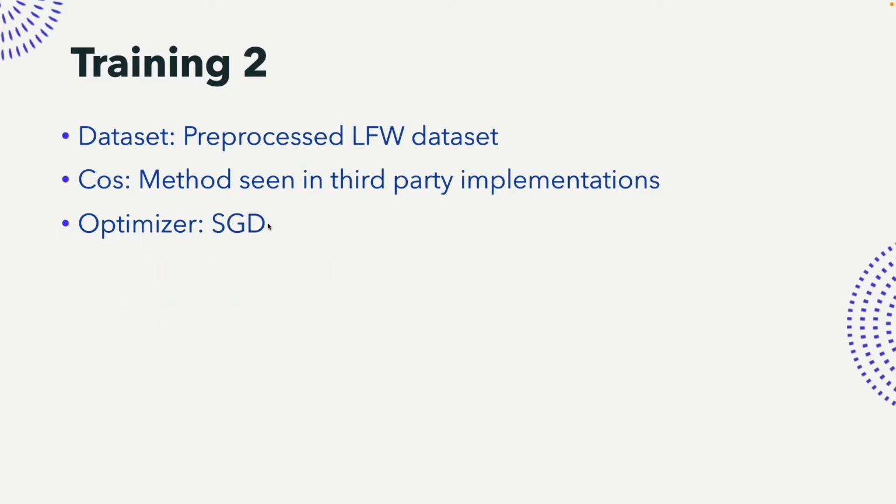The optimizer which we saw in the other third-party implementations, as well as in InsightFace, which is the actual implementation in MXNet, not in TensorFlow, by the authors of the ArcFace paper, was the SGD optimizer, which we used further. Then we also used the cosine method instead of the arc cosine method.